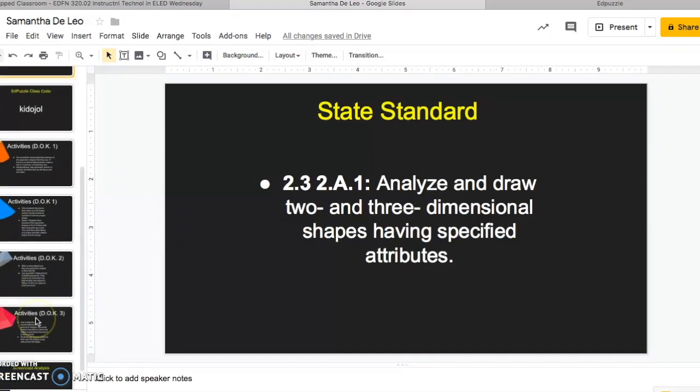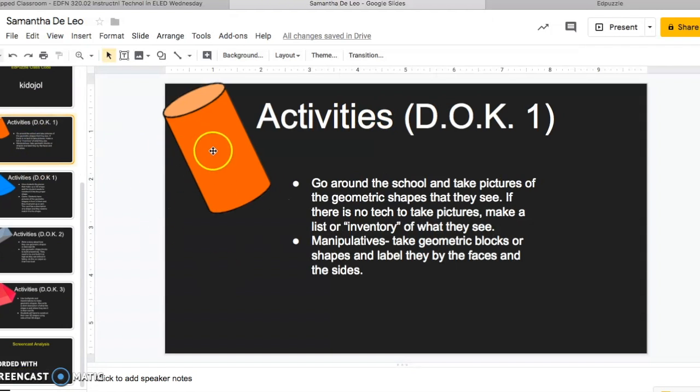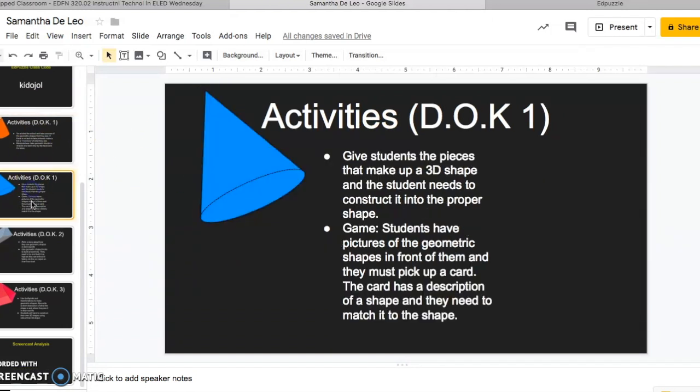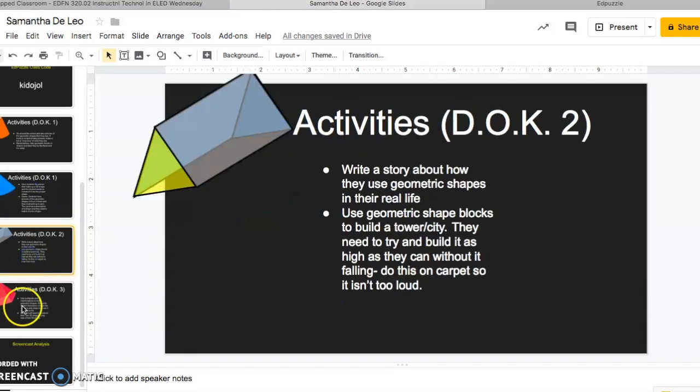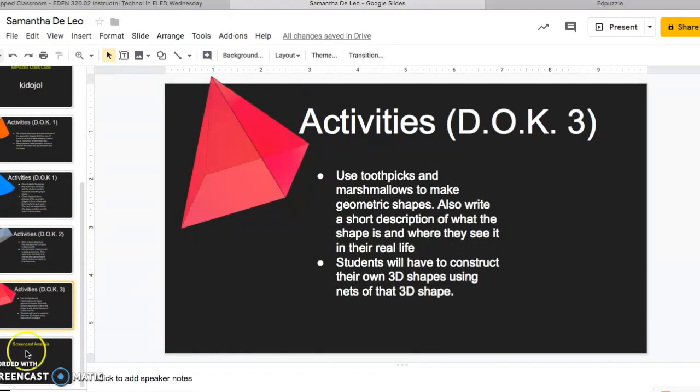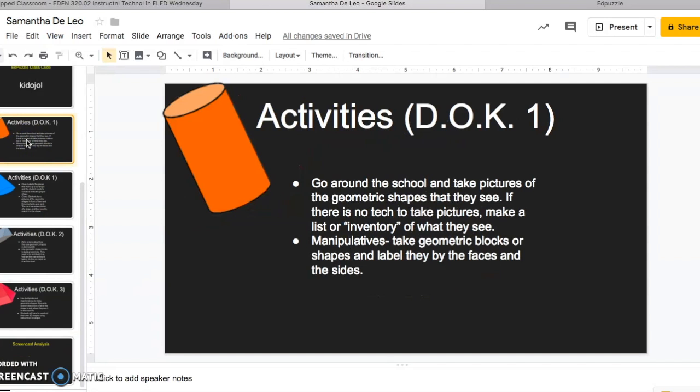So for my lower activity, my first one, I have cylinder, cone, triangular prism, and pyramid for my 4 different categories. So for my cylinder category, this would be a DOK 1 level activity, both of these activities. For my first one, I would have the students go around the school and take pictures of any geometric shapes that they see, kind of similar to what we've done in class with finding shapes.